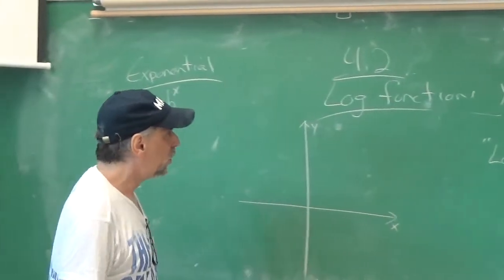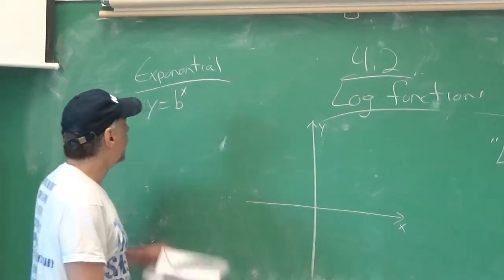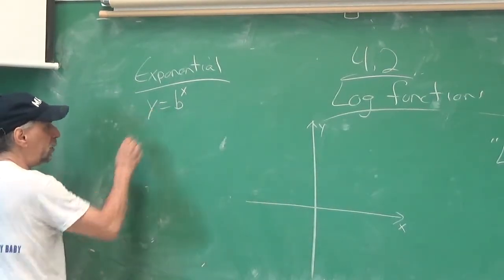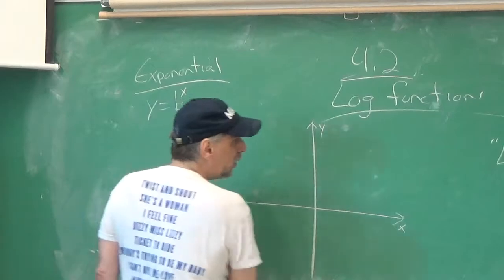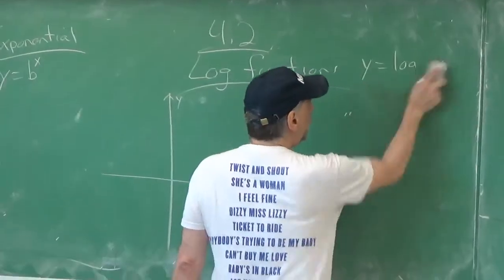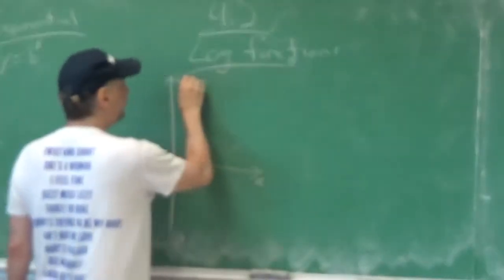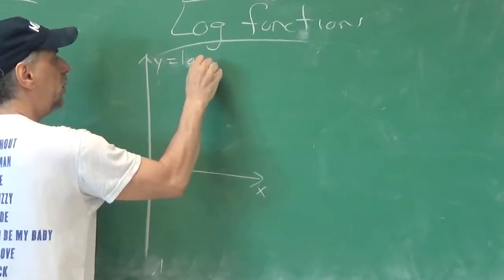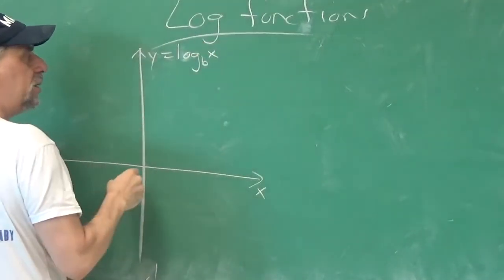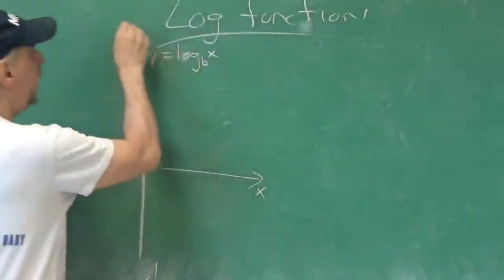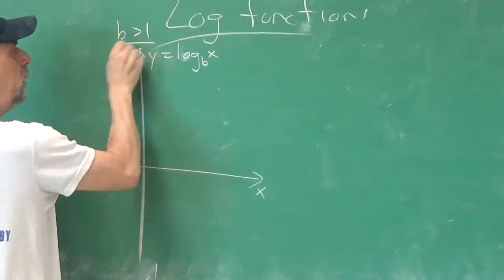Here, first we want to look at the function itself. Remember the exponential graph, we split it up into 2 parts. Just like that, we want to split this one up. So this is logarithm base b of x, and this is for b greater than 1.